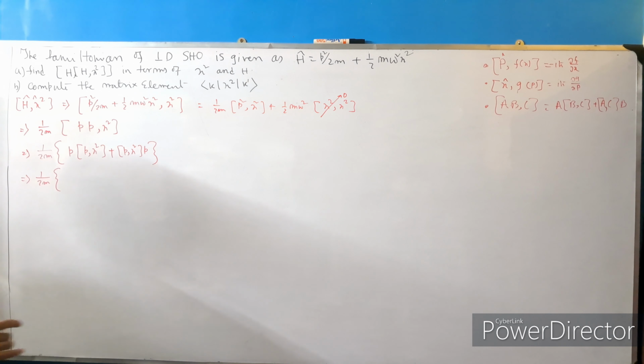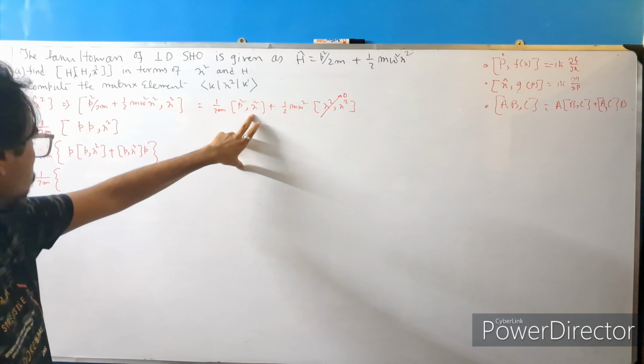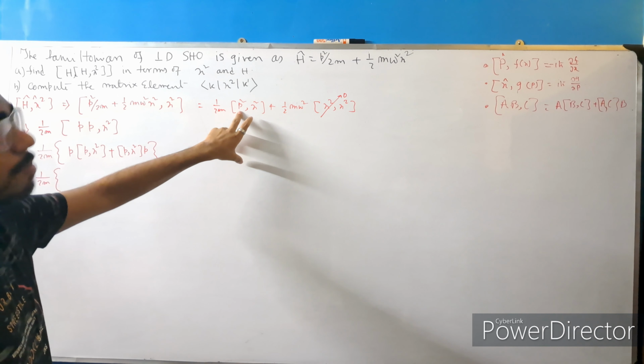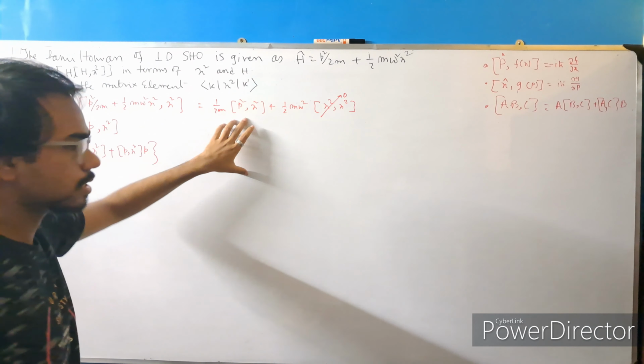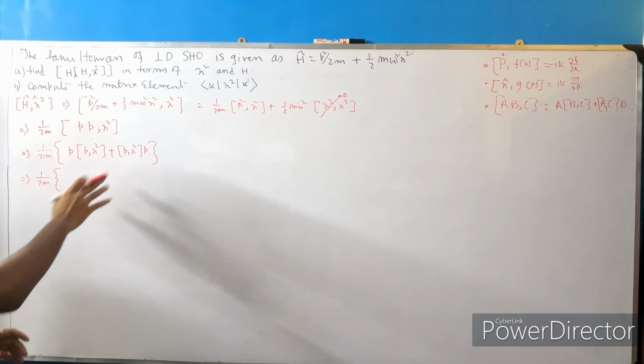So now you can ask a very simple question: there is p squared and x squared, so why can't I just directly use that relation? Because you can see that this is p squared and this is p, and we don't have any formula for p squared, so we have to break it down into the single power form.